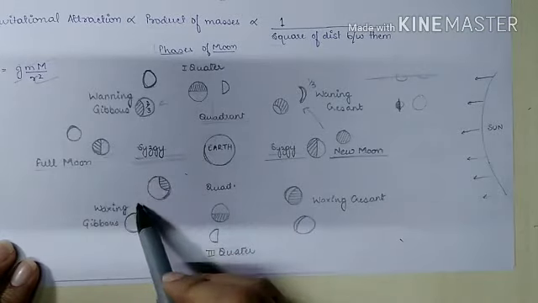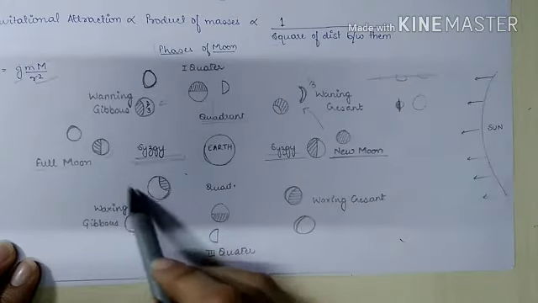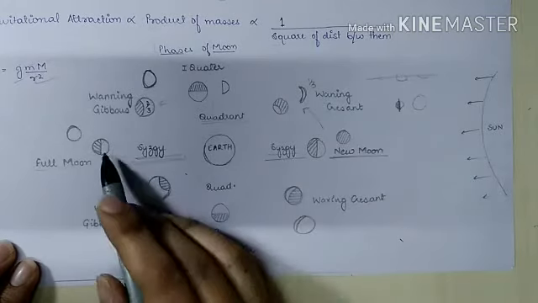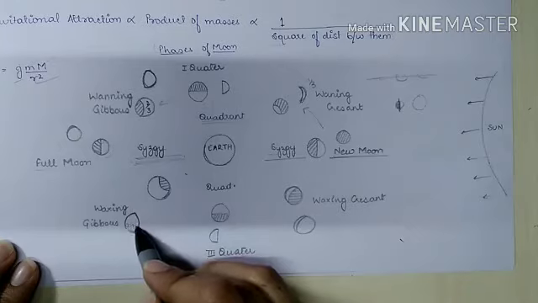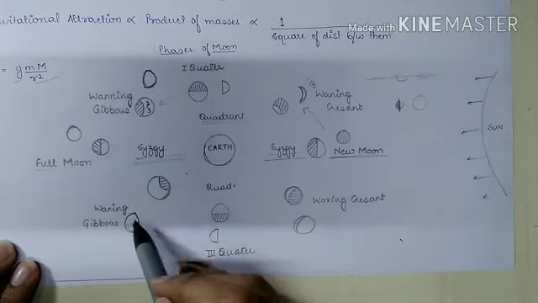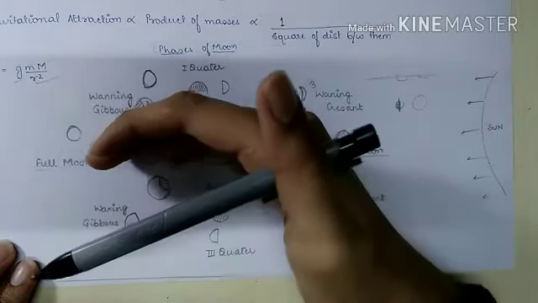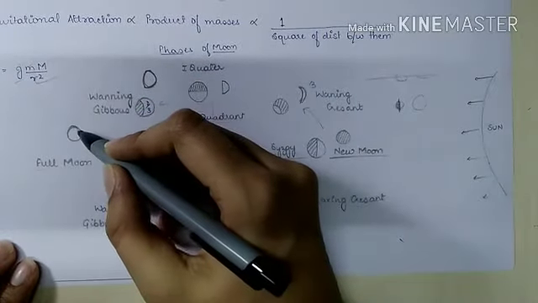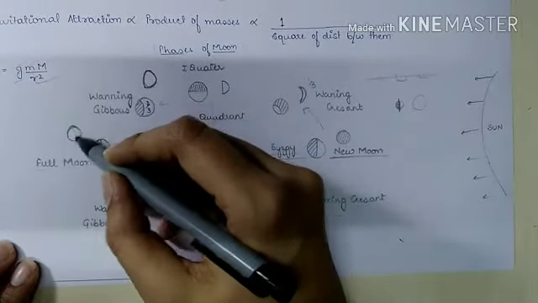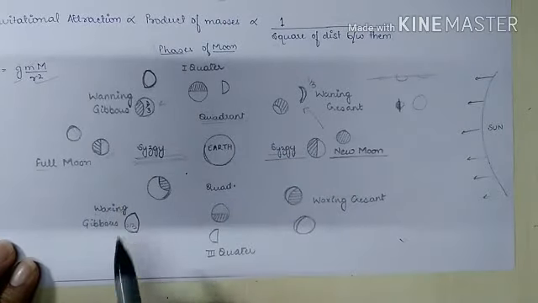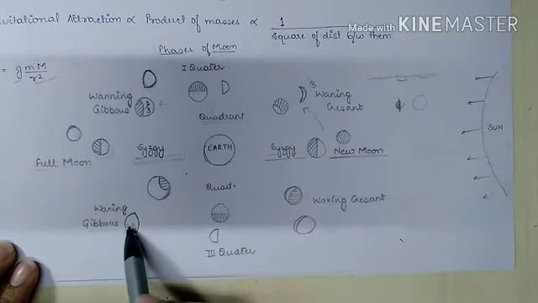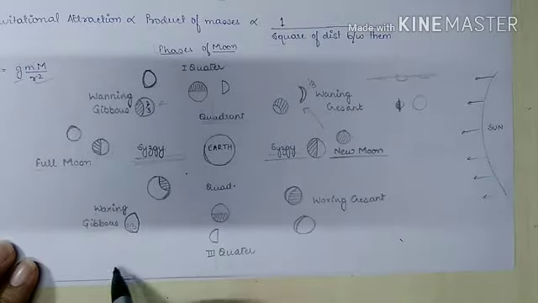After that we have the waxing gibbous. In the waxing gibbous, again 2/3 of the moon is visible to the earth, and because now the size of the moon will start depleting, this is known as waning. Gibbous means 2/3 of the moon is visible.